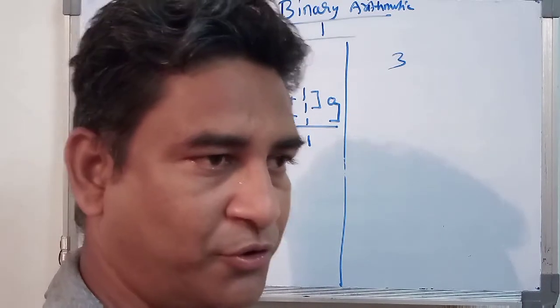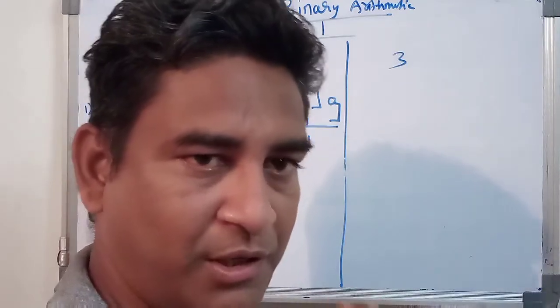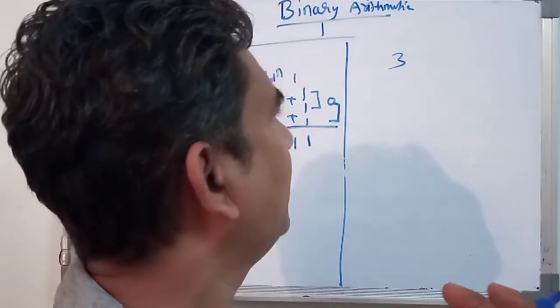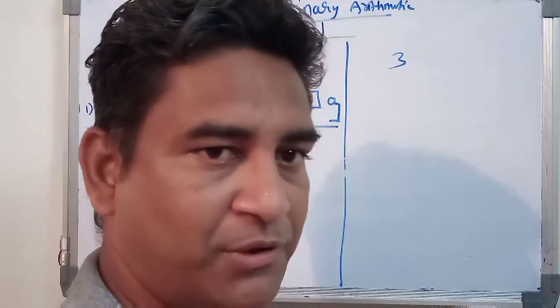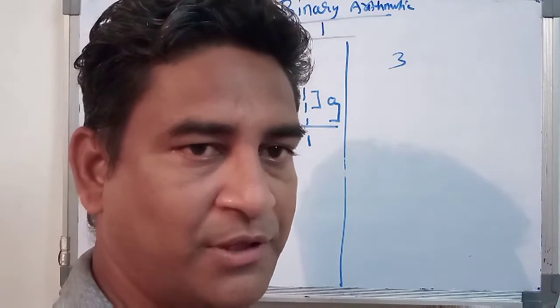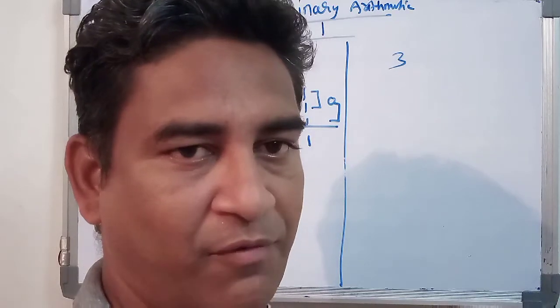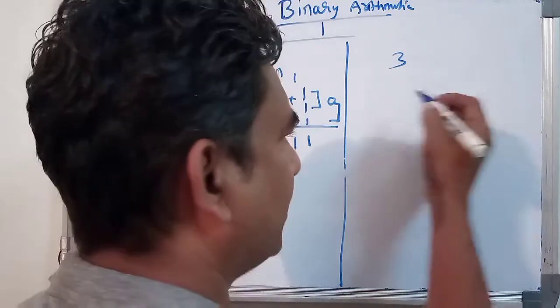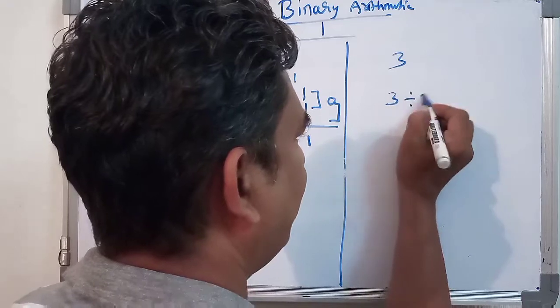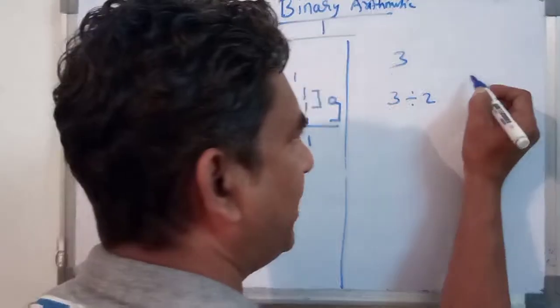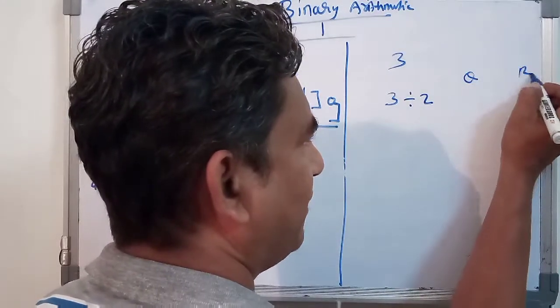You should also be able to explain it to another person: this value is this one, and after conversion you have got the value in the form of 1 and 0. Okay students, now you have to divide that number by 2. You will be getting the quotient and the remainder.